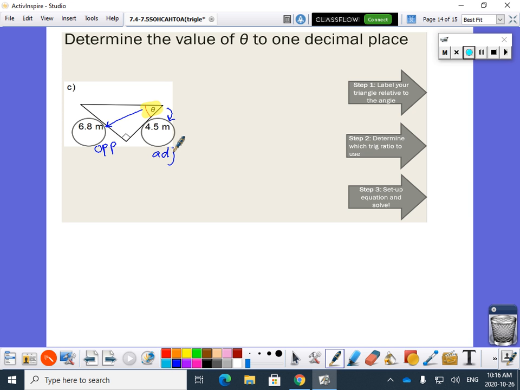Are we all good with that, labeling our triangle? Number 2, figure out which trig ratio you're going to use. Well, we have opposite and adjacent, so which one is that? TOA, good, tan. Tan theta equals opposite over adjacent.